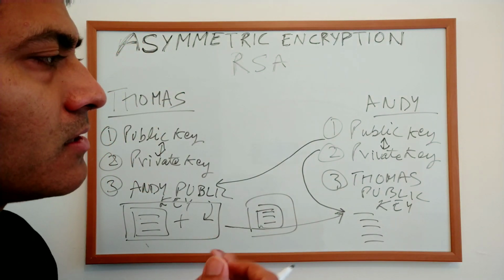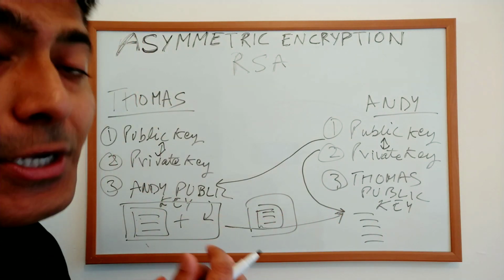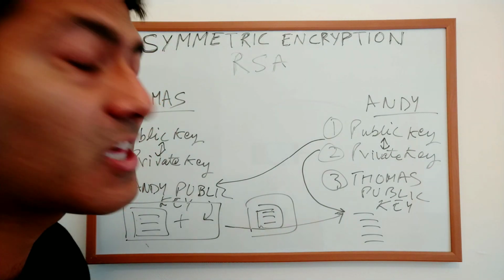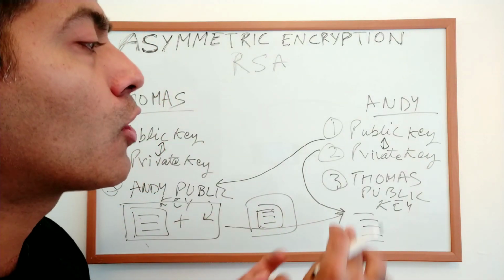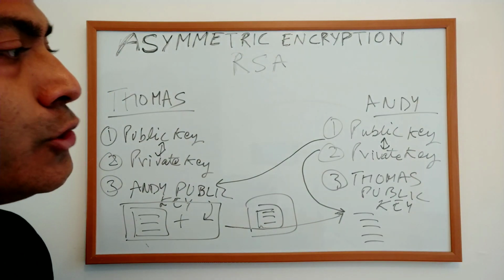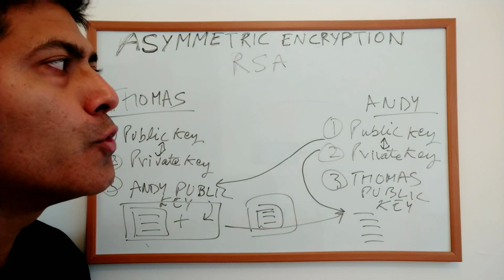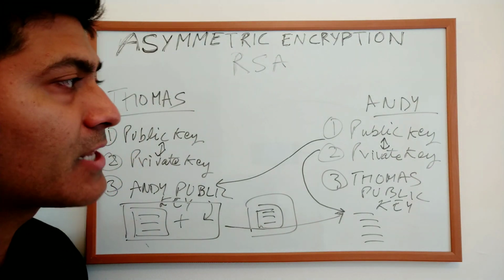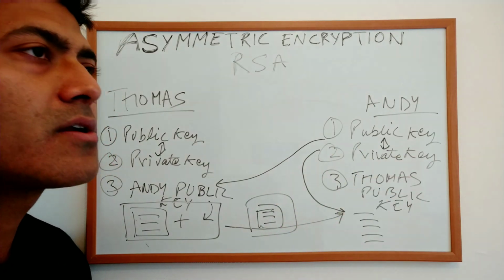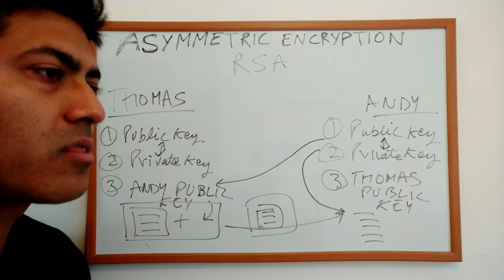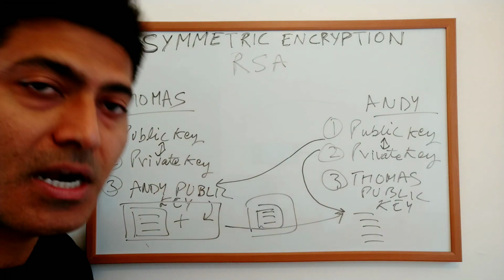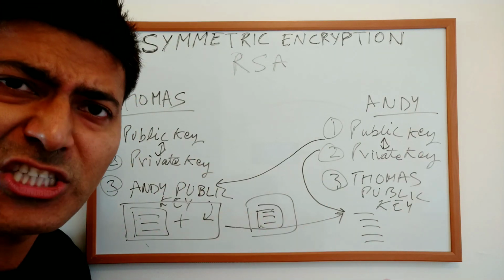And the challenge here is that you need to find a secure way to keep your private key secret, and you also need to ensure that your public keys are sent to the other party in a secure fashion.